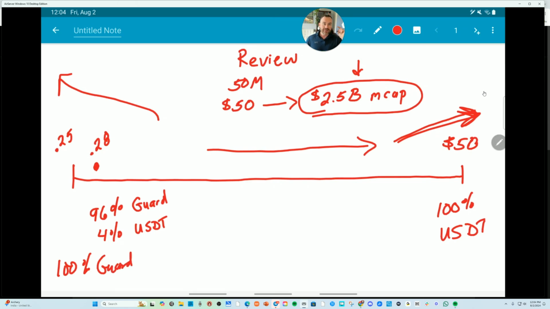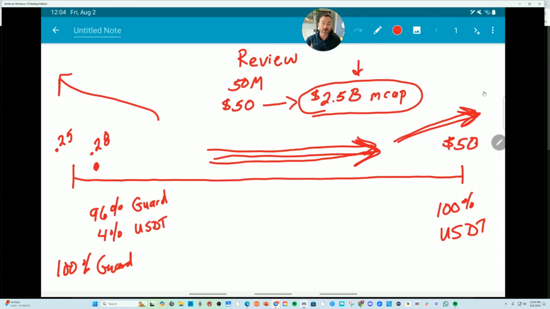Now, the first time you see this, you might think to yourself, and this is what I thought when I first learned this, well, hold on a second. I want more guard. So why would I want to gradually take my position closer and closer to 100% USDT when guard is the thing that I'm after?